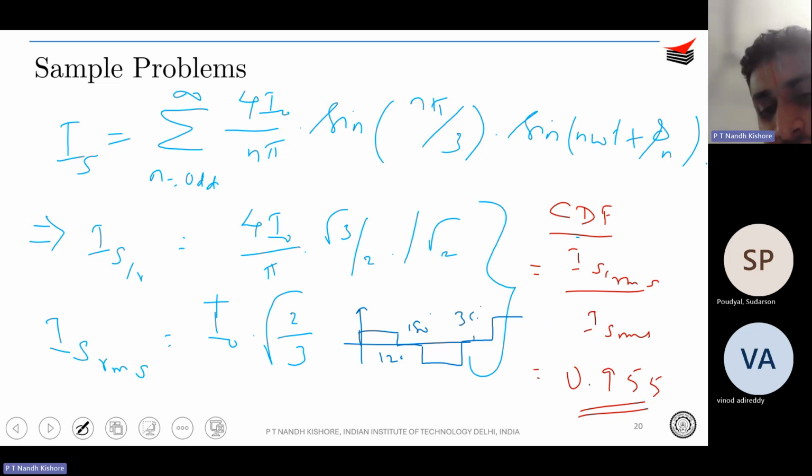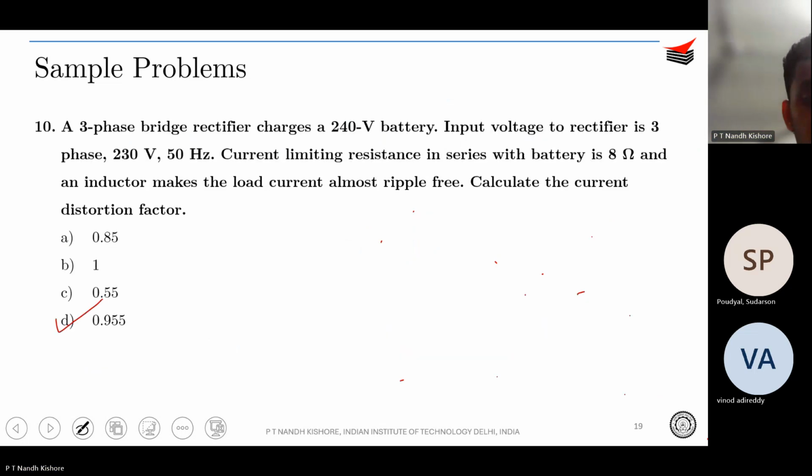So you understand that out of 360, the iS is on for 240 degrees. Therefore, the RMS is I naught into root over 240 by 360. That's how we end up with I naught into root over 2 by 3. That's the RMS of the source current, and the fundamental, of course, you calculate from the Fourier series. So you just go ahead and divide the fundamental with the total RMS and you get 0.955.